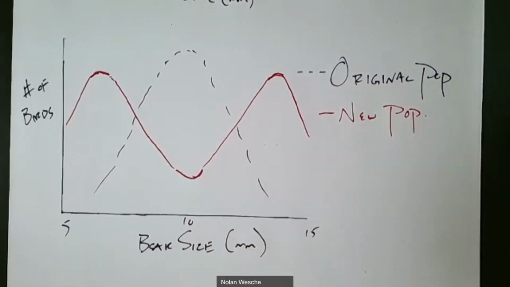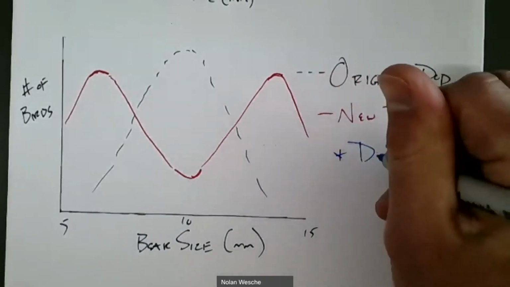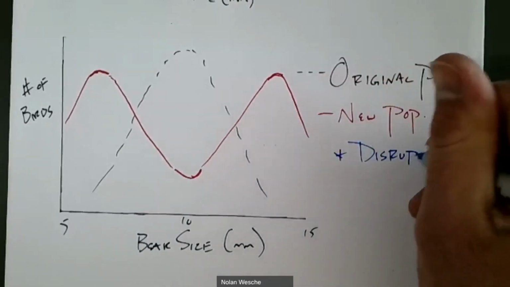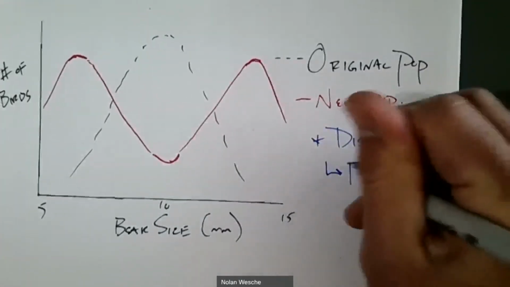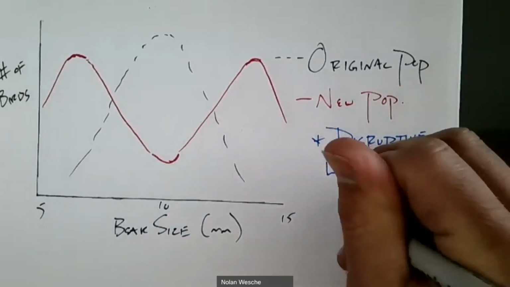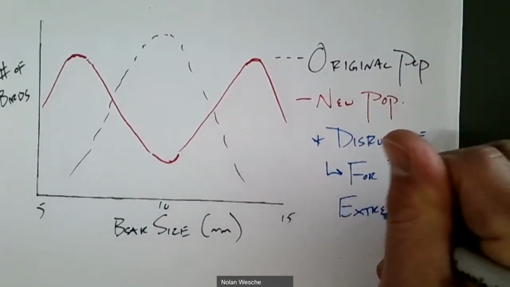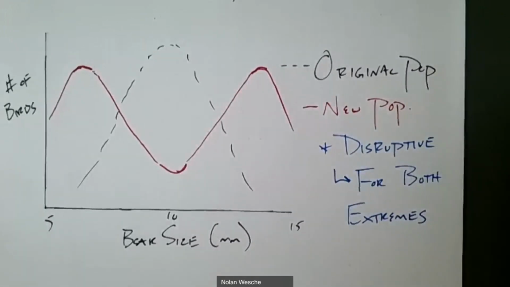And what we would call this is disruptive selection. This is a disruptive selection curve. And this is selection for both extremes and against the mean. Right? So that would be a third type of selection curve.